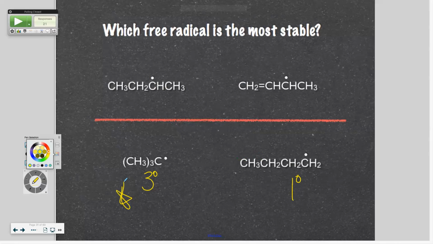Now look at the top one. What kind of free radical is the first one? Secondary. What's the second one? Ooh, what's different about it? The double bond. Who has the double bond? This one does. Okay, so look at this.